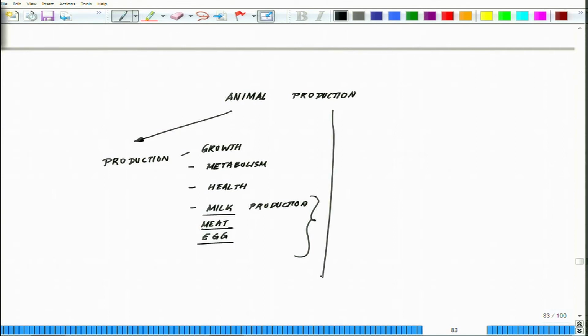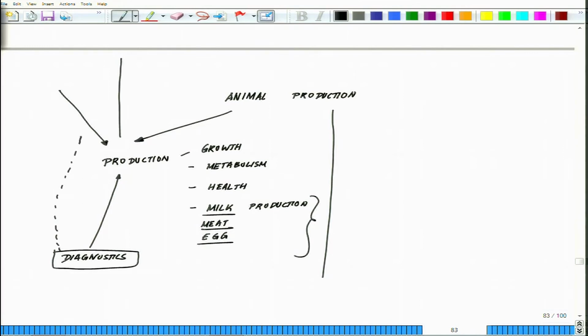Apart from it, there is another aspect in production, which is the supporting aspects. What we are talking about is the diagnostics. We have talked about several diagnostics. There is another side of the story, which is kind of an extension of the diagnostics, novel tools.